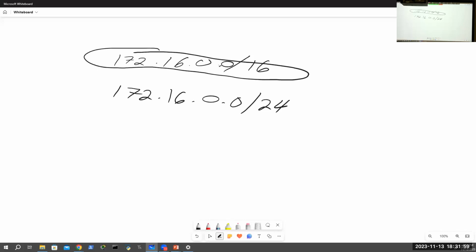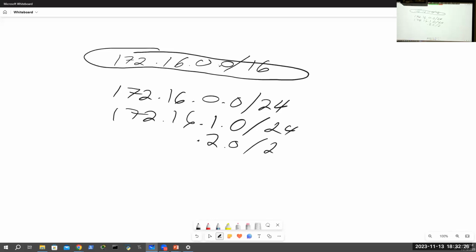So what are those subnets? Well, the first one is always our original network, 172.16.0.0, except it's got a /24, which means our host is only in that fourth octet. Our next subnet is 172.16.1.0. And you can guess, I'm not going to write all these numbers, 2.0 and 3.0.